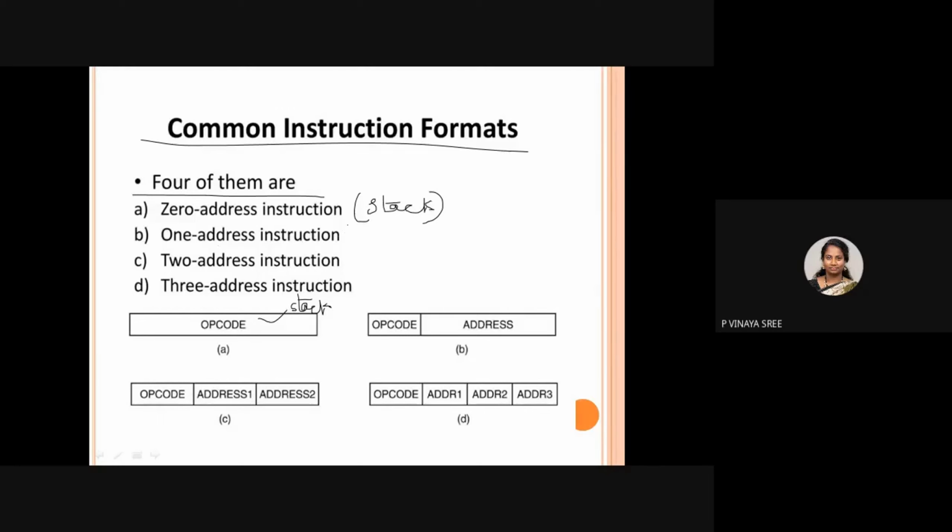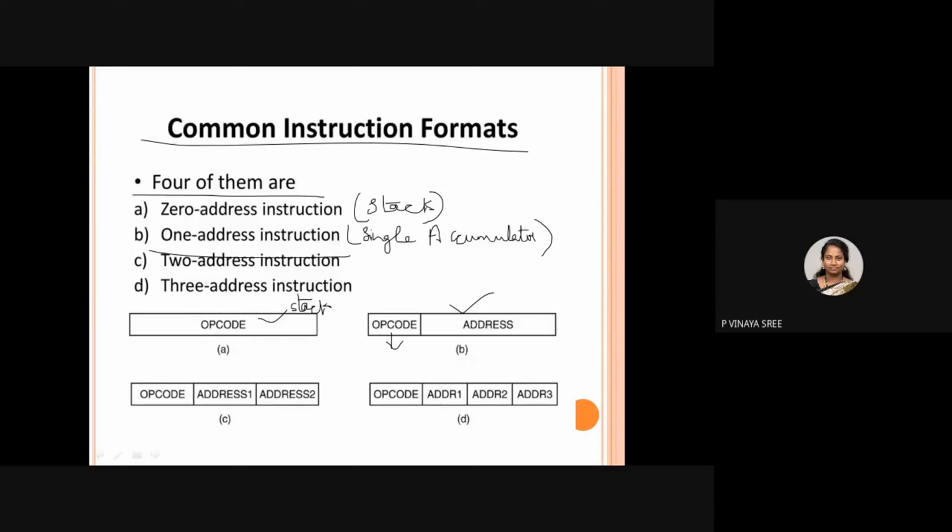Next, coming to the one address instruction format, what is it, ma'am? Single accumulator. Yes, which is a single accumulator. So in a single accumulator you will be mentioning an opcode and an address.